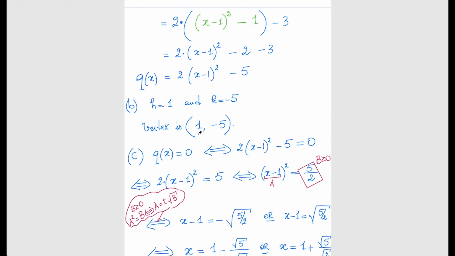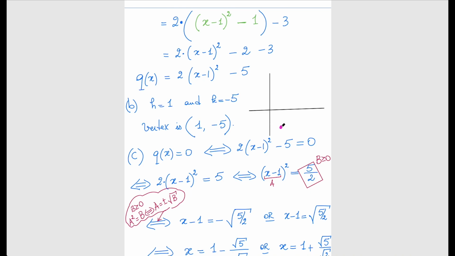So we have the vertex at 1 comma negative 5, right? So let's start putting information together. So we have the xy plane. We have the vertex, which is 1 comma negative 5. Where is that?